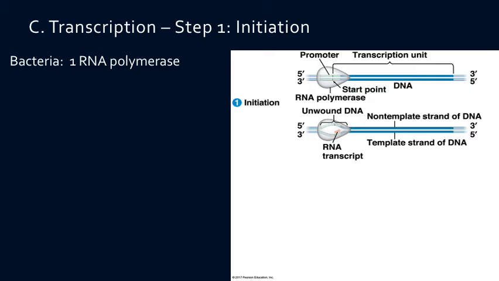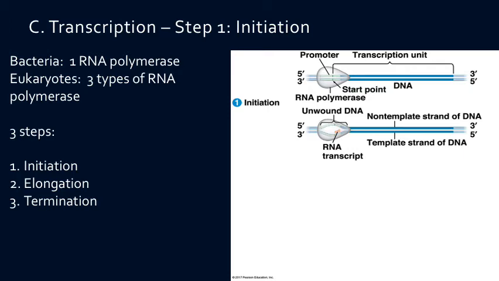And then the picture to the right of that, 17.9, is specifically for eukaryotes. One of the main differences between prokaryotes and eukaryotes is that prokaryotes only have one RNA polymerase. They only have one enzyme involved in this process, whereas eukaryotes have 3 different types of RNA polymerase, or 3 different types of enzymes.